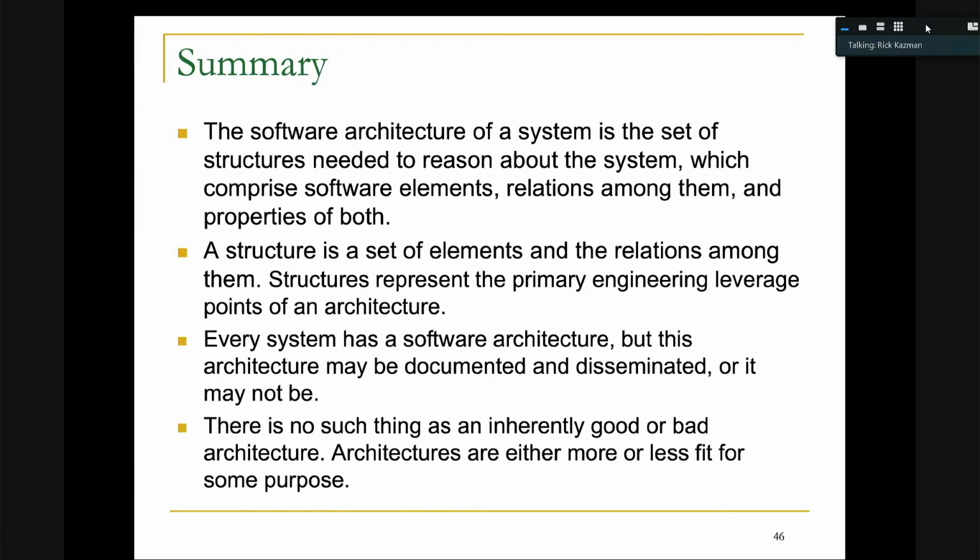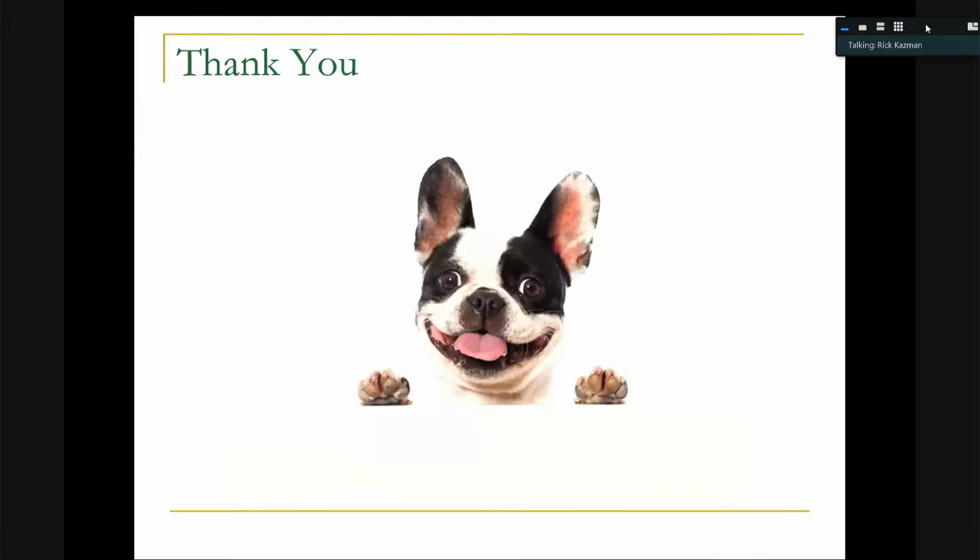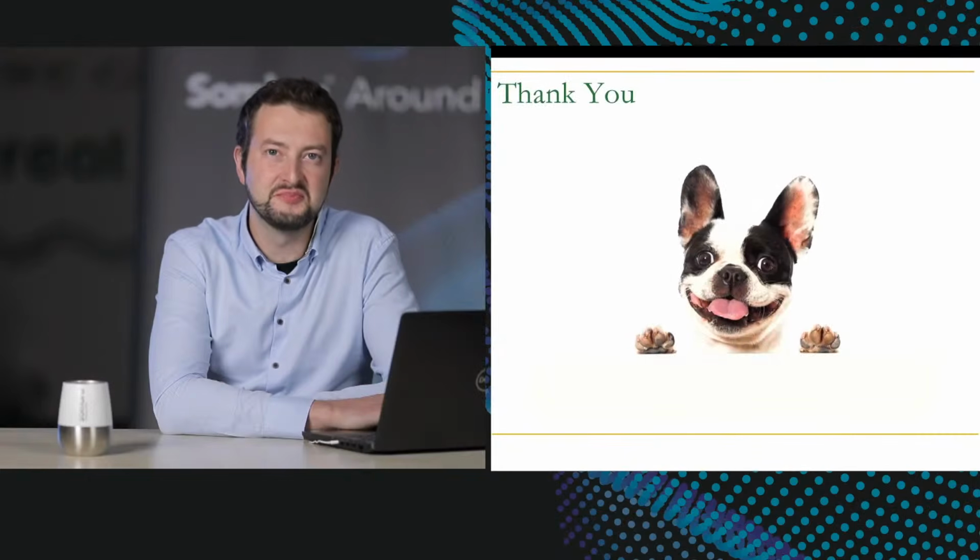Every system has an architecture, but that architecture may not be known, it may not be documented, the as implemented system may not be the same as the as designed system. And there's no such thing as an inherently good or bad architecture, but we need to reason about them nonetheless, because architectures may be more or less fit for our purposes, for our needs, for our requirements. So with that, thank you, and I'm happy to take questions.